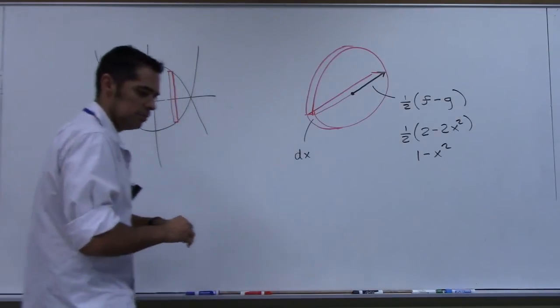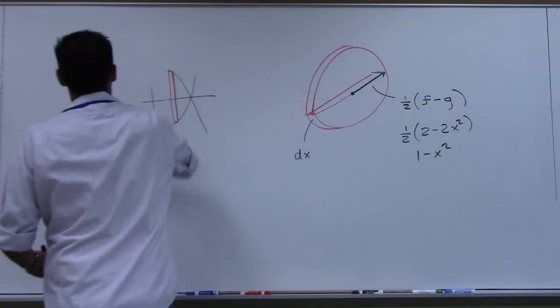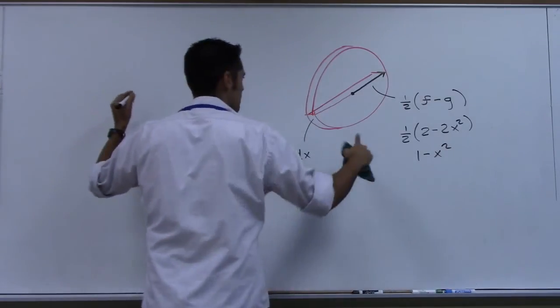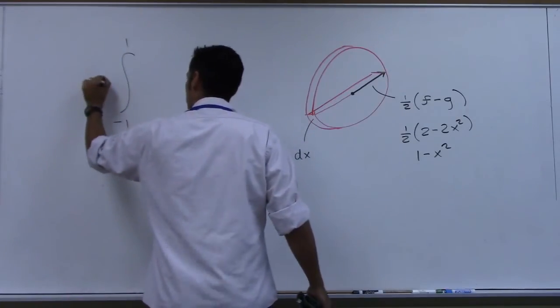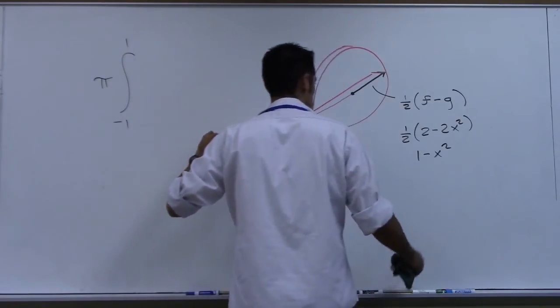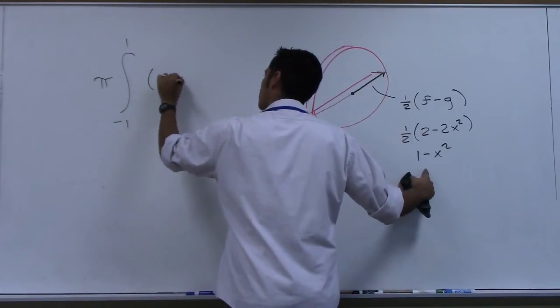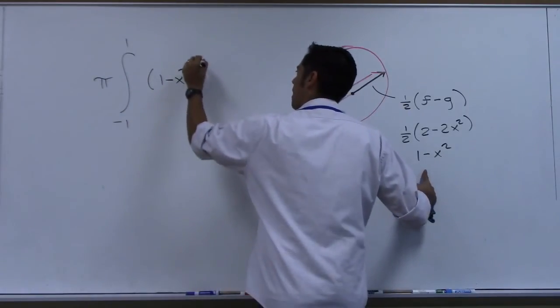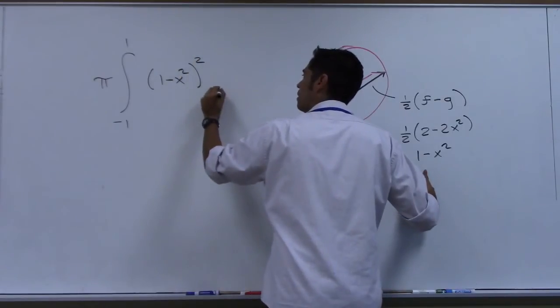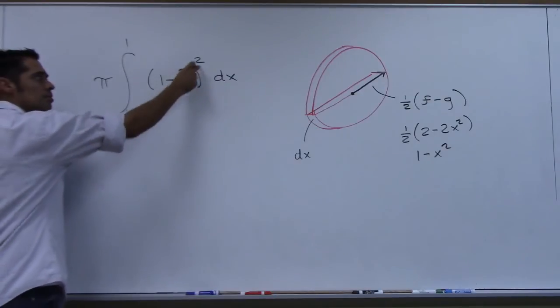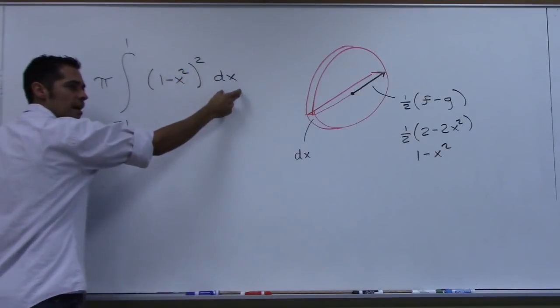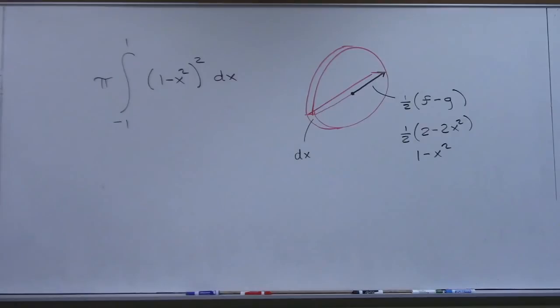So my integral, the volume, would be the integral from -1 to 1 of pi, I'll bring the pi out, times 1 minus x squared, squared. So it was pi r squared times height. Then you multiply that out, integrate, you're done.